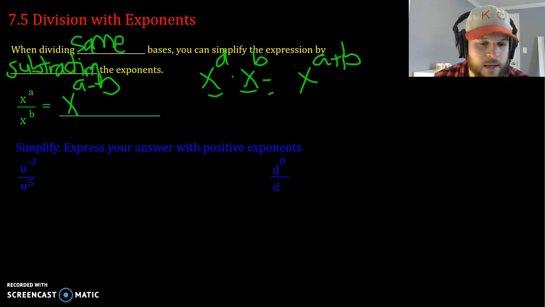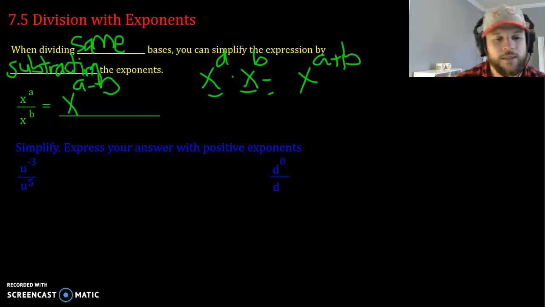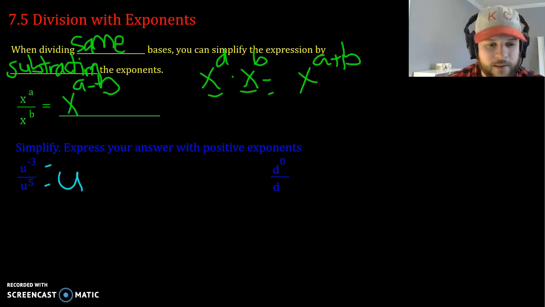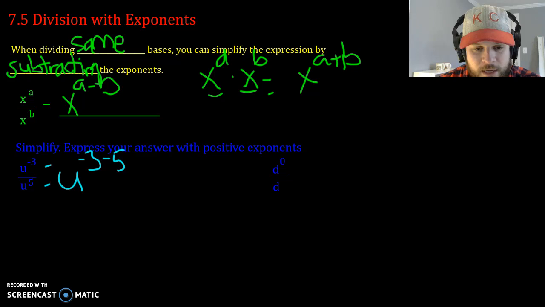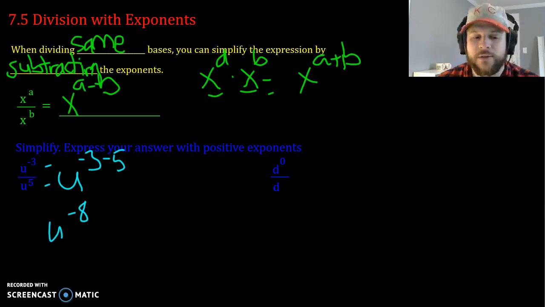So we have u to the negative third up top, u to the fifth in the bottom. These two things are being divided, so we can simplify this by subtracting: u to the negative 3 minus 5. Since these two numbers are the same sign, you add the numbers and keep the negative sign, so this becomes u to the negative 8. And notice that because the order of subtraction matters, sometimes we may get a negative right here.